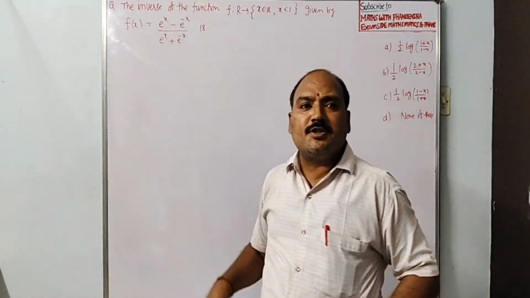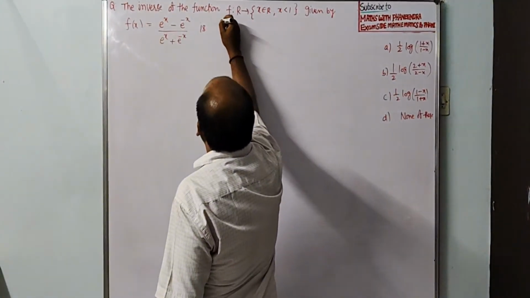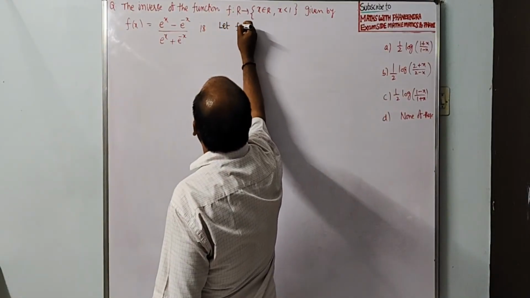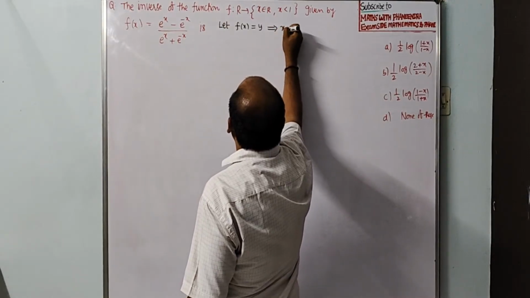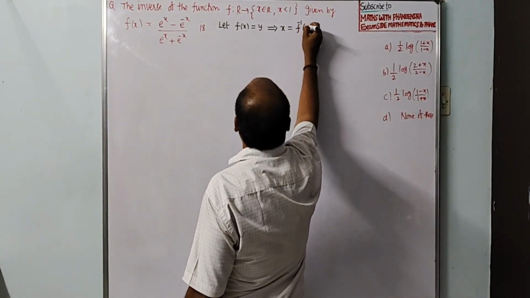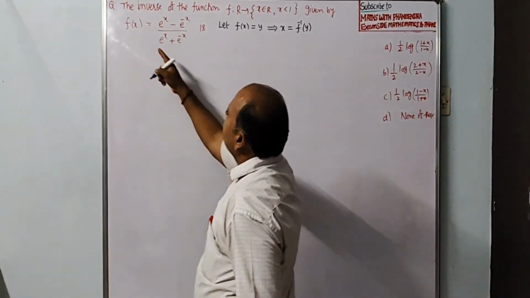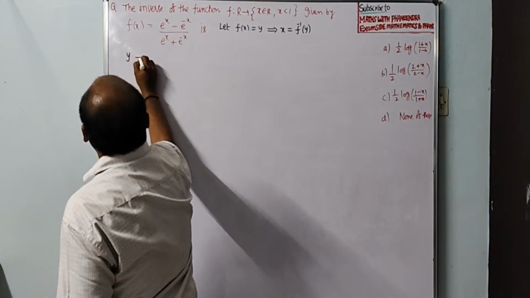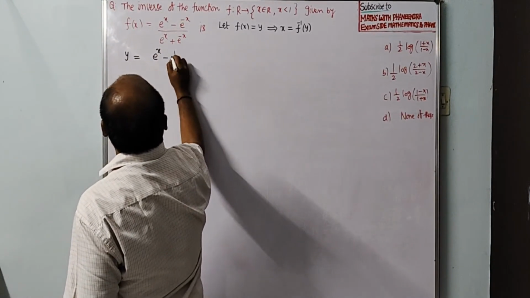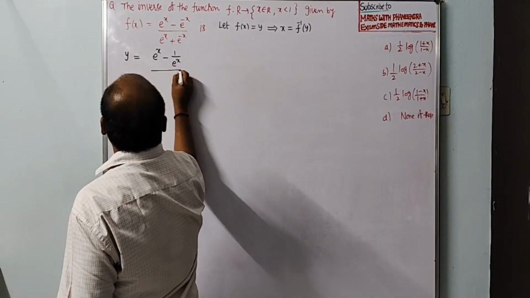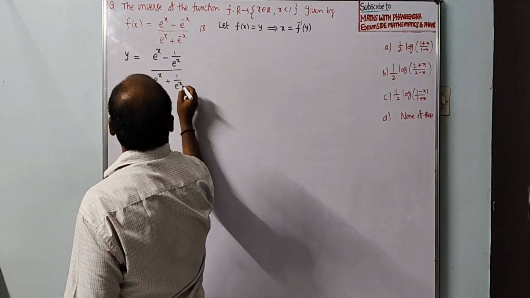See, for this function, we already know: let f of x equal y. That implies x is equal to f inverse of y. So this is f of x only now. So y equal to (e power x minus e power minus x) divided by (e power x plus e power minus x). We can write it as (e power x minus 1 by e power x) divided by (e power x plus 1 by e power x).